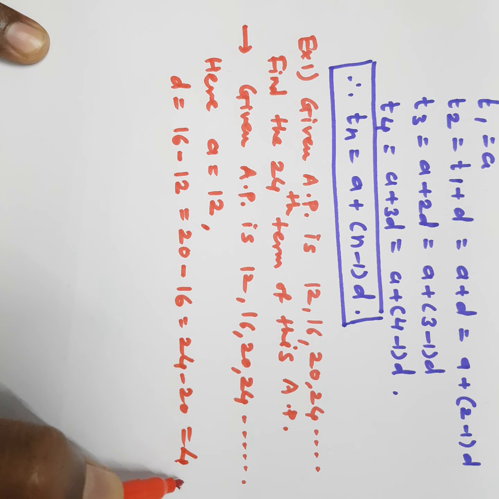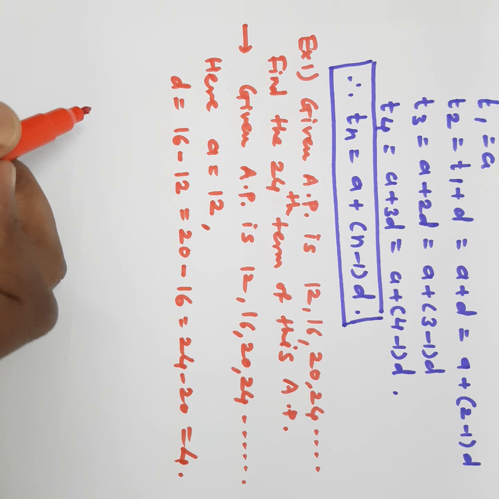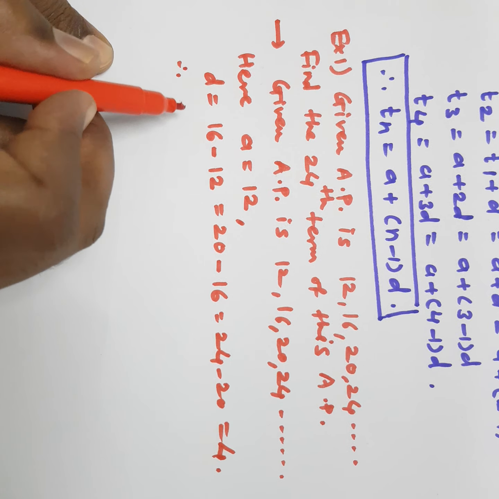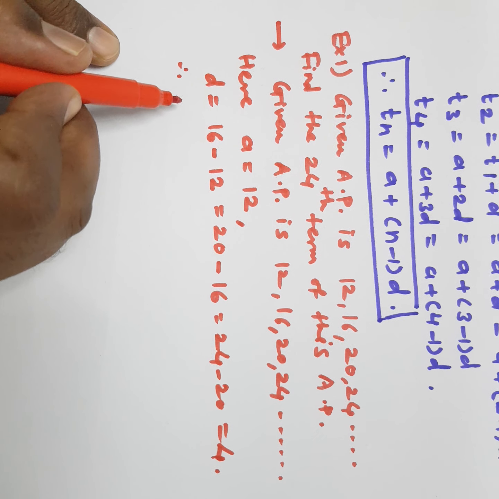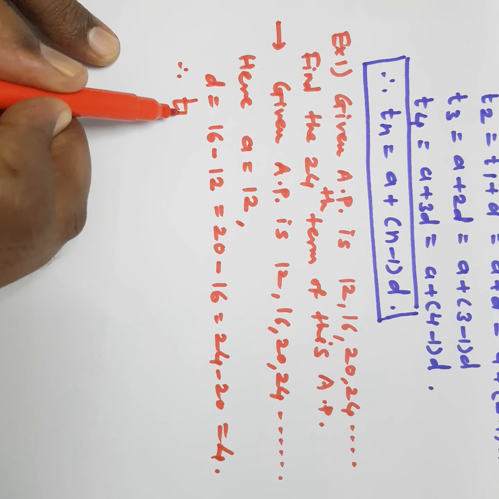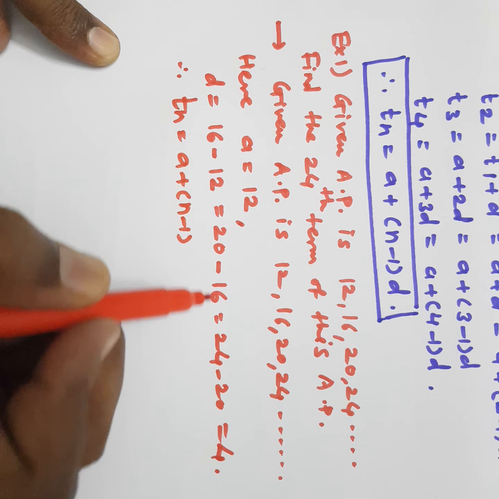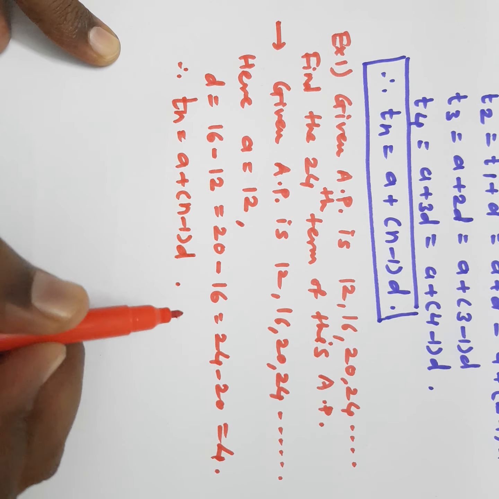Here the common difference is 4, d is equal to 4. Therefore, by using the formula for the nth term, what is the formula? Tn is equal to a plus (n minus 1) into d.